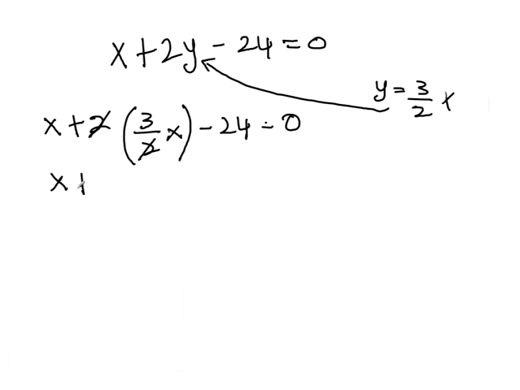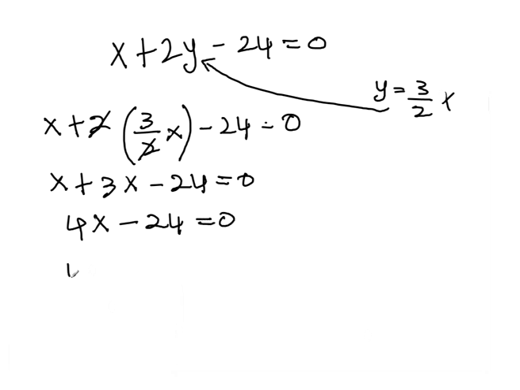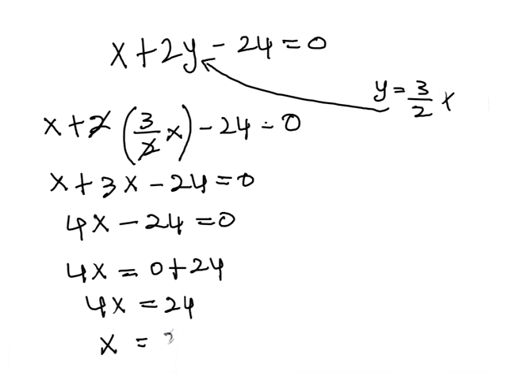X plus 3x minus 24 equals to 0. 4x minus 24 equals to 0. 4x equals to 24. X equals to 24 divided by 4, which is 6.